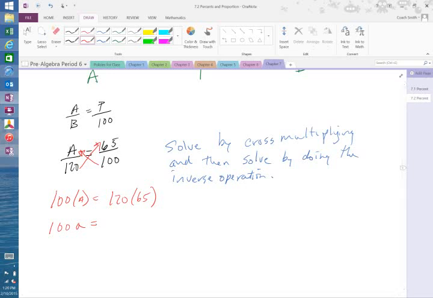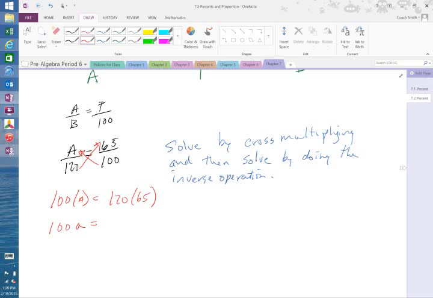No, because 65 times 100 would be 6,500. There's no way, because 10 times 65 is 650, so 20 times 65 would be 1,300.